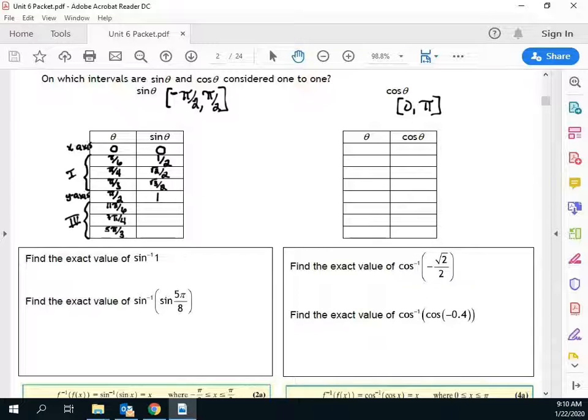There you go. So I'm just going to copy what pi over 6 is, and I'll put a negative in front of it, because they have the same reference angle. Pi over 4, same answer as before, just a negative in front, because they all share the same reference angle, guys. Same thing for 5 pi over 3.